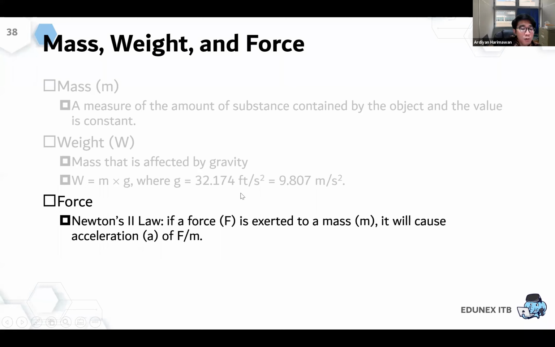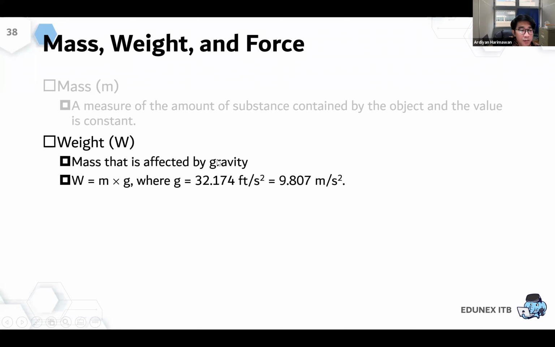Okay, how about force? If you have weight, which is mass times gravity, what will be the unit? Satuannya apa? Is it Newton? Yeah, it should be kilogram meter over square second. This is mass, this is gravity. It will be Newton.